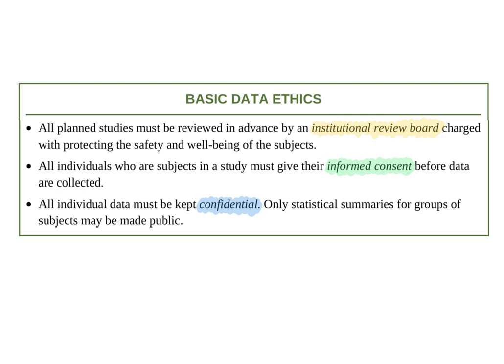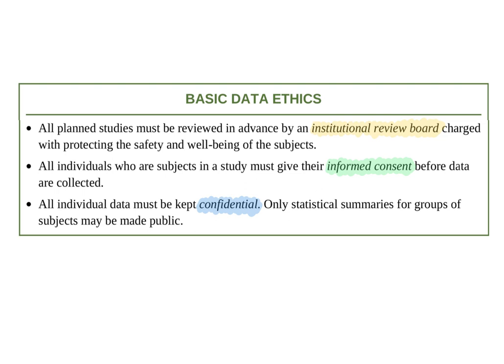First, all planned studies must be reviewed in advance by an institutional review board charged with protecting the safety and well-being of the subjects, especially if they're human or animal. A lot of universities will have this kind of review board because a lot of research is done at the university level, and they are obviously there to make sure that the rights and welfare of any of the subjects are protected and maintained.